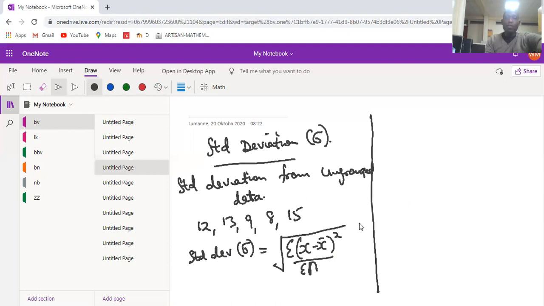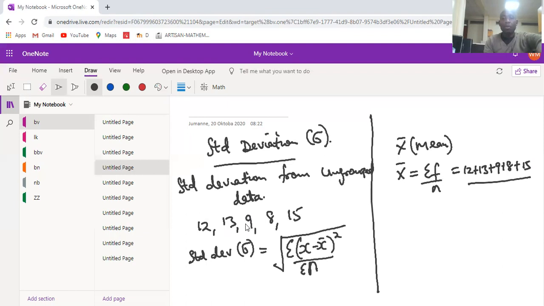The first thing you need to do is get the x bar. Remember, x bar is the mean, and we looked at how to calculate the mean from ungrouped data. So x bar is the sum of x over n: 12 plus 13 plus 9 plus 8 plus 15, divided by 5, since there are 5 values.